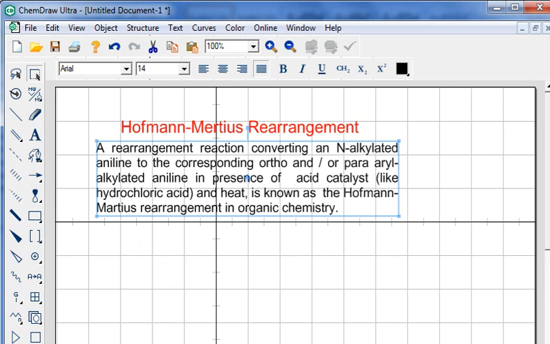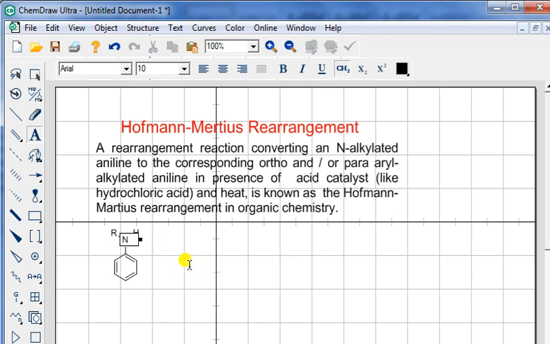So let's take an aniline group. I am taking this aniline group, and this is R. I am doing it a little bit faster so the video doesn't get too lengthy.